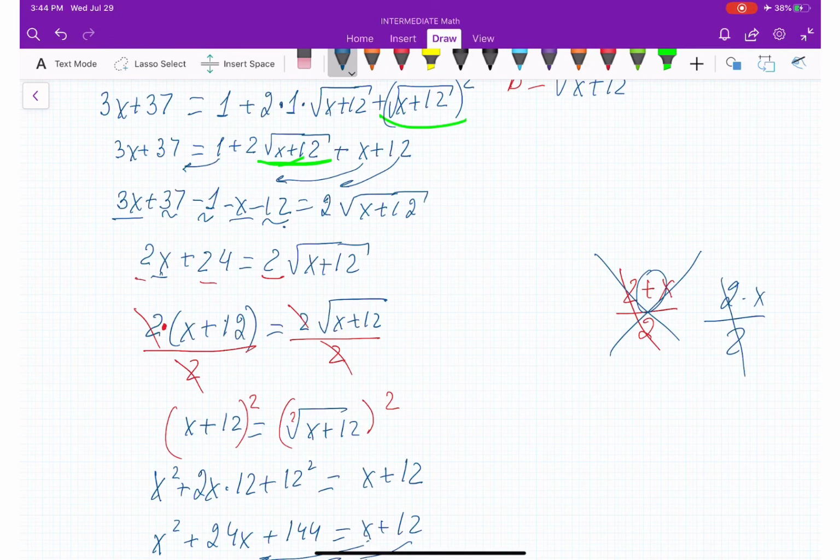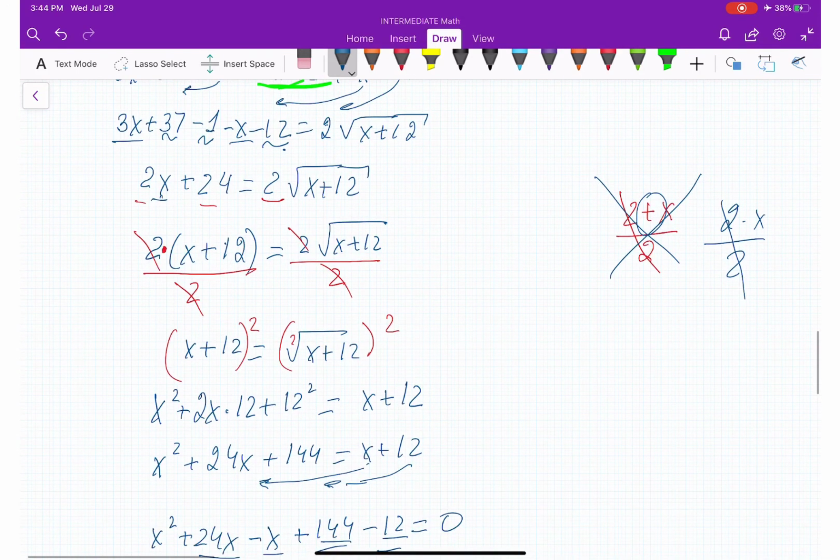All right. What else do we have here? Dividing by 2 plus 12, minus, no, we are good. Okay, let's solve it. Let's finish it.